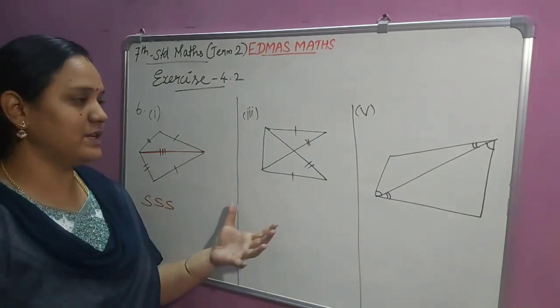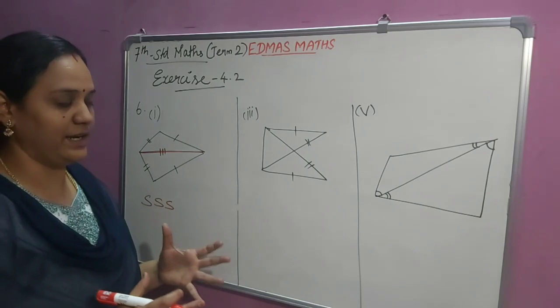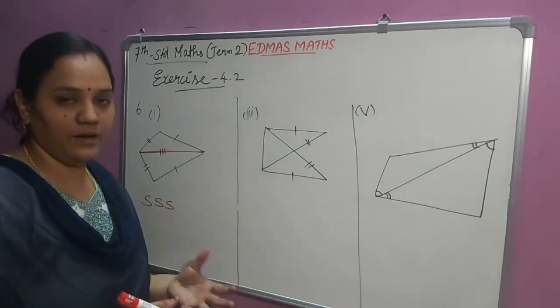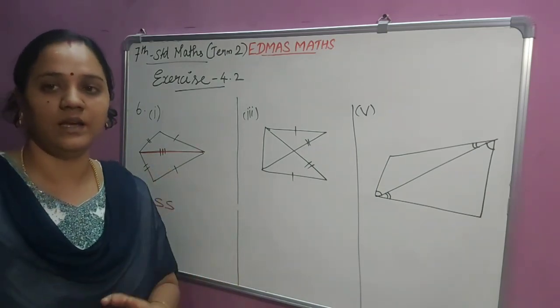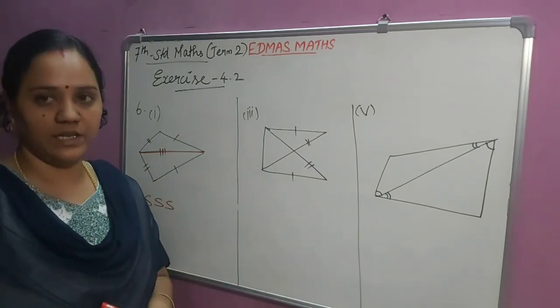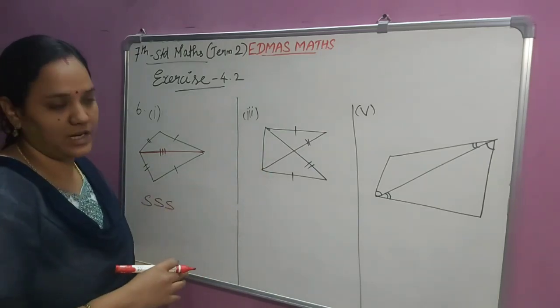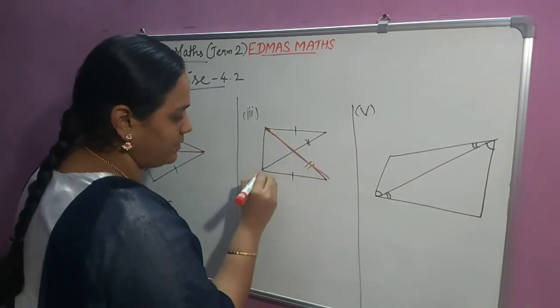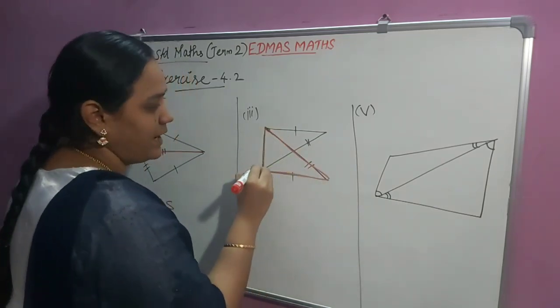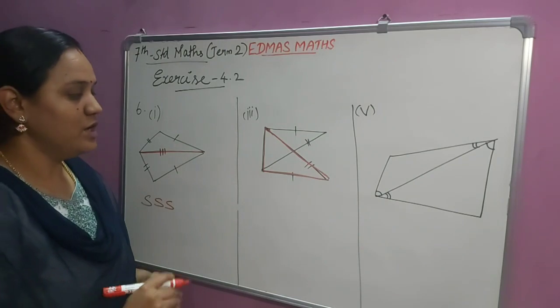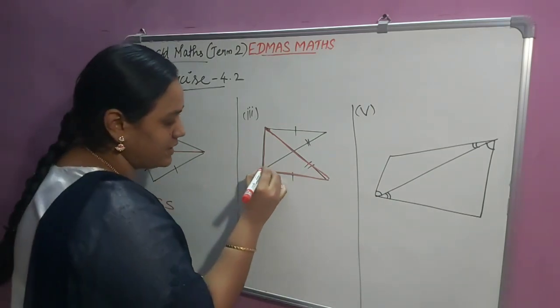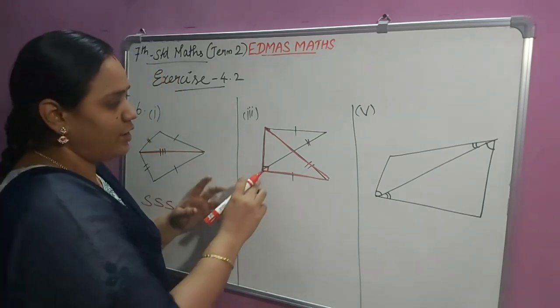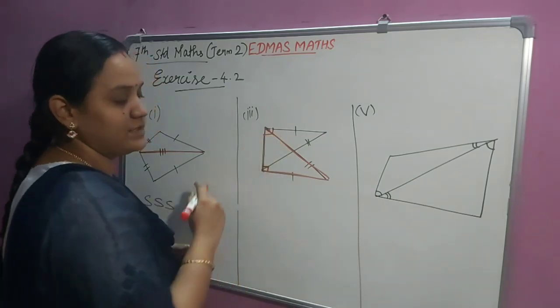So the third one, this is a very new criterion that we didn't learn earlier. We have learned only three criteria, but this is a new criterion: after seeing this triangle, we can split the triangles into two. So this is one triangle and again this is one triangle, right? Here in this triangle, this is a right angle and also for this triangle, this is a right angle.